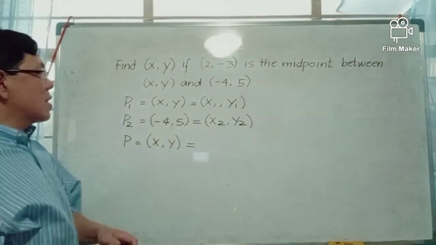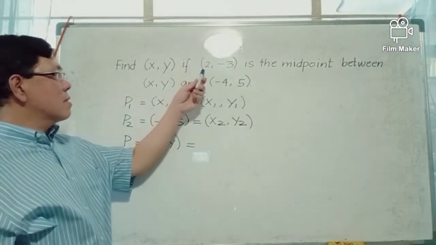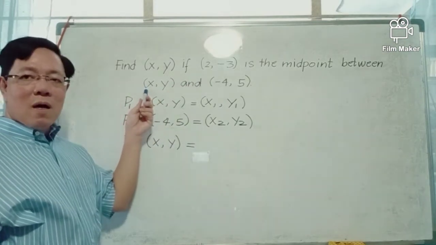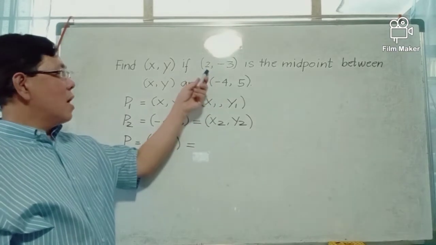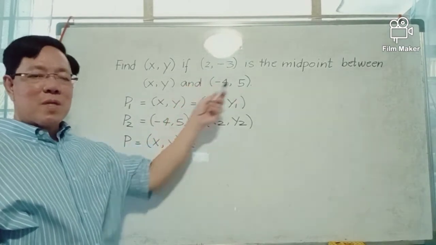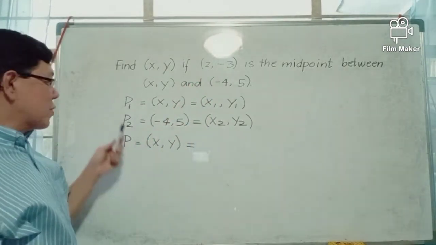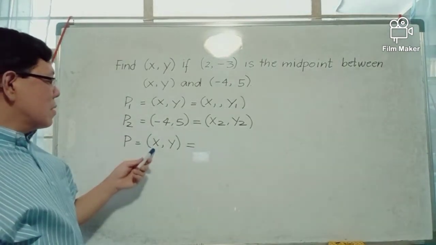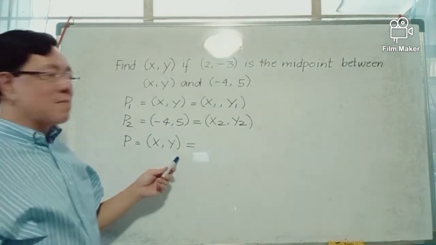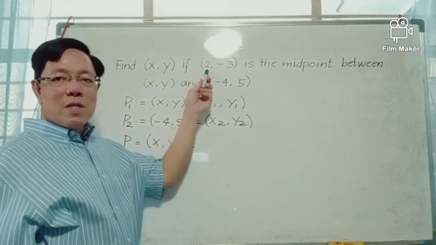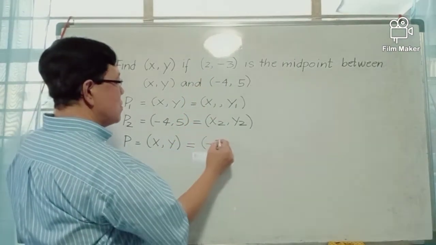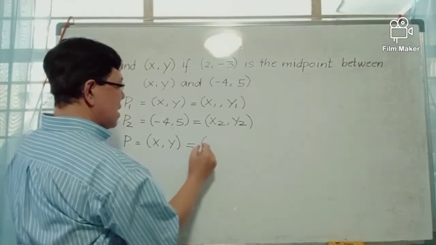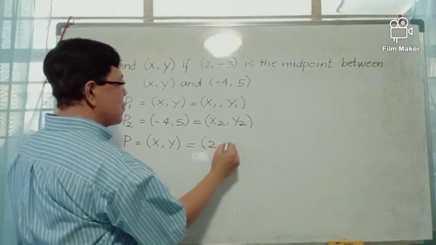And it is given that the midpoint of the line segment through (x, y) and (-4, 5) has coordinates (2, -3).